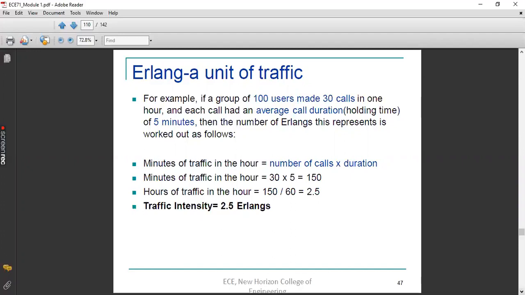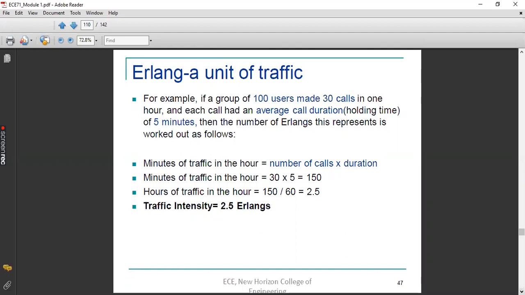Now, what is the observation period that you have? It is 60. So 150 by 60 is equal to 2.5 Erlang. So here the traffic intensity is 2.5. That is why I told you here we have considered all the 100 users, that is, the entire channels available in the system. In the earlier example, I considered only one channel. In that case, the minimum load will be 0 Erlang and maximum will be 1 Erlang.